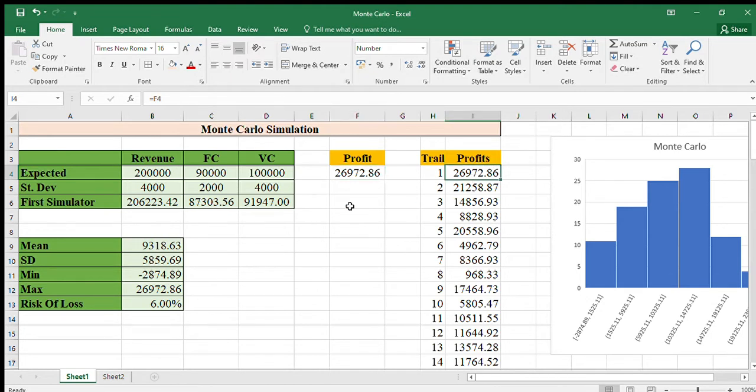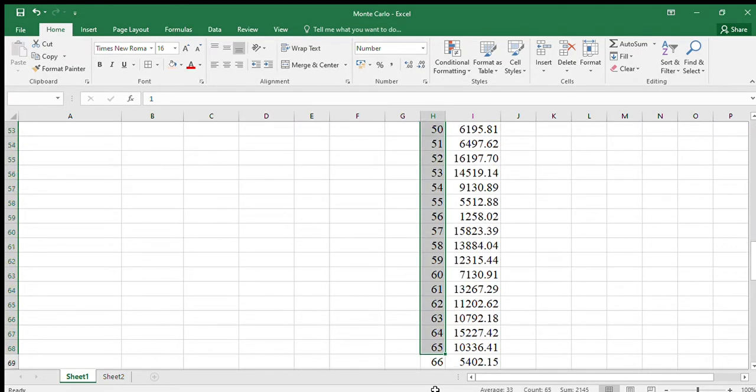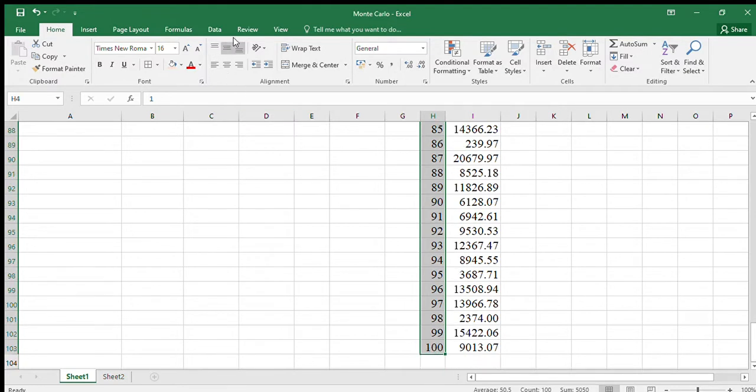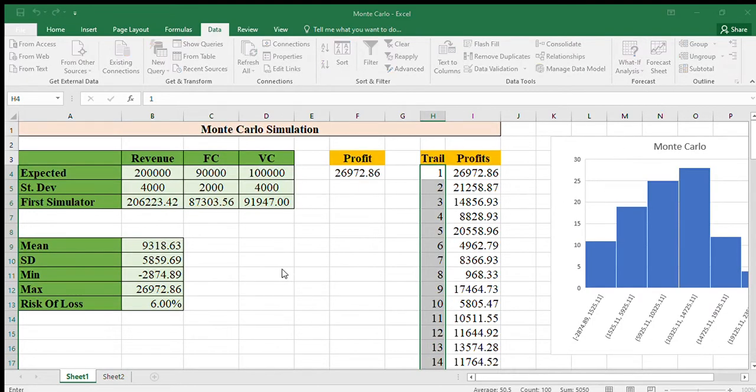What we then did was, we have taken 100 iterations. We went to Data, then What-If Analysis, and then Data Table.